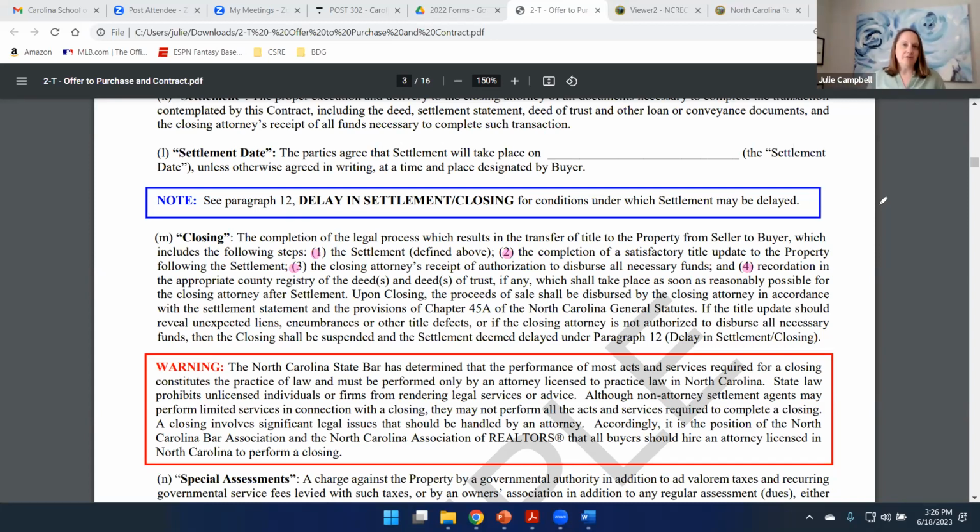So once we leave, the attorney's going to put their finishing touches on everything. They're going to do that last quick title search. They're going to offer their title opinion to the title insurance company, so we can have a satisfactory title update and originate the title insurance. The closing attorney's receipt of all necessary funds. Well, we collected the money from the buyer at settlement, and any money, if applicable, from the seller at settlement.